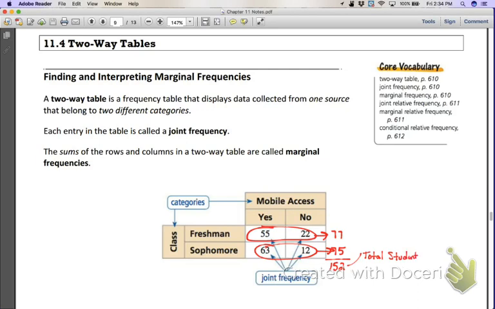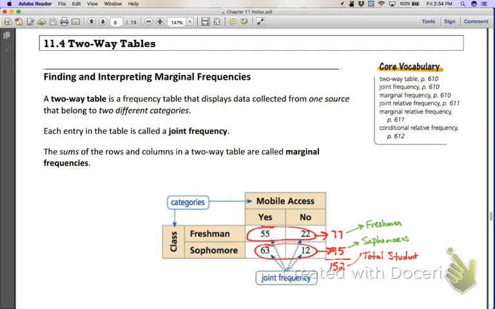This is how many freshmen we talked to, and then that number was the total sophomores. So within this table we can find out a lot more information as far as knowing the total and knowing percentages and things of that nature.